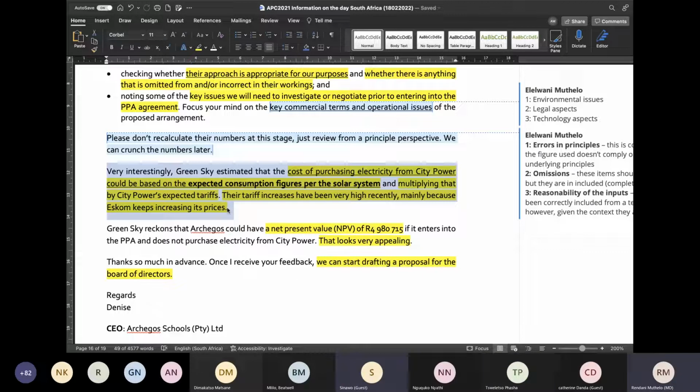All right, let me clarify that for you. Let's go back to the example I just put before you. In terms of comparing whether this is a good deal, how will you do it? Whether this offer they are presenting to you is a good deal or not, how will you do it?